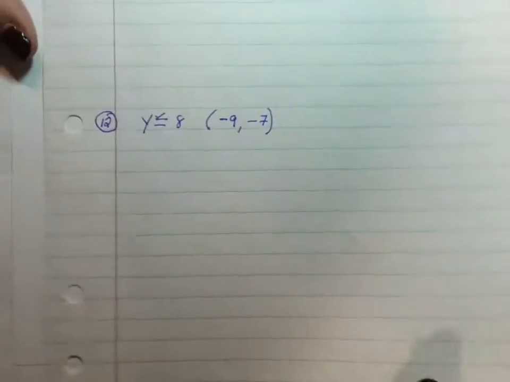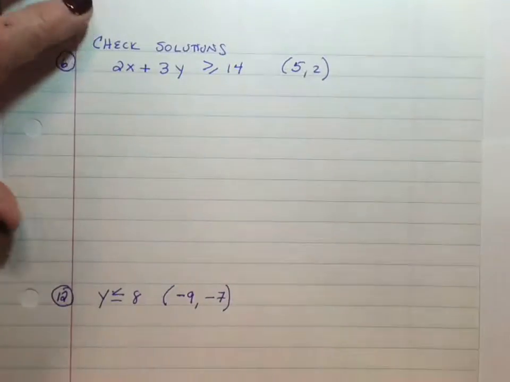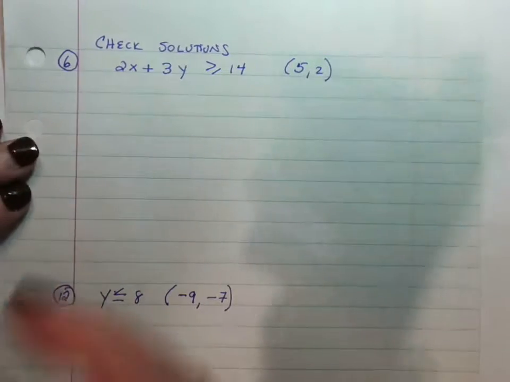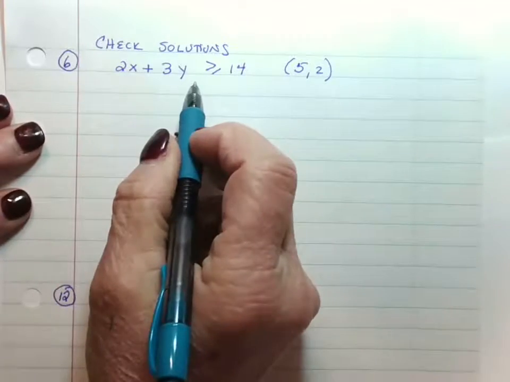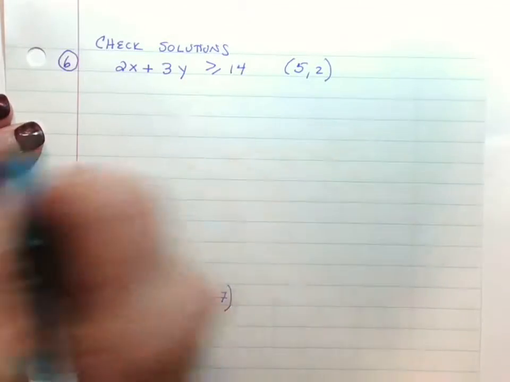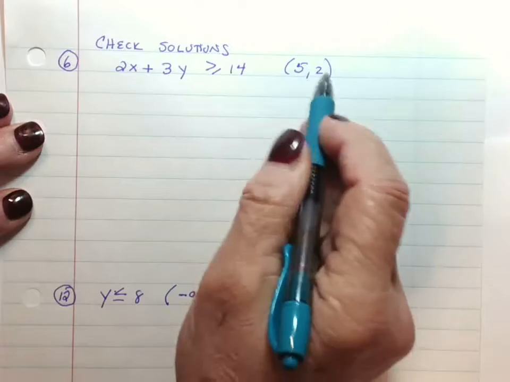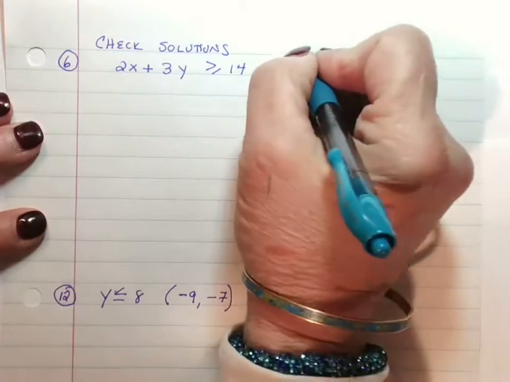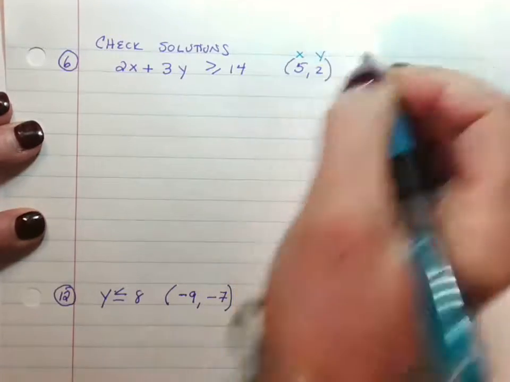The next two even problems had to do with, here is an inequality, here is a point. Is this point in the solution region for this inequality? So here's your x, here's your y.